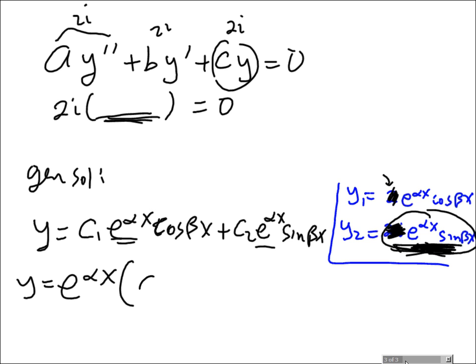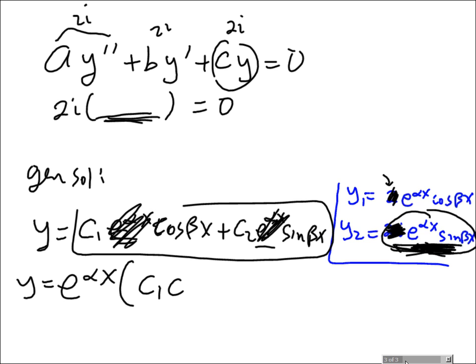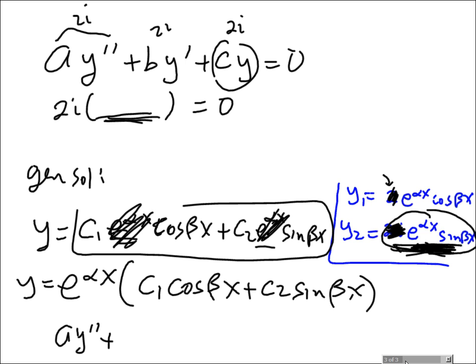It's going to be that times everything that wasn't common: C1 cosine bx plus C2 sine bx. That is the general solution of our second order homogeneous linear equation with constant coefficients. This here is the solution to this equation.